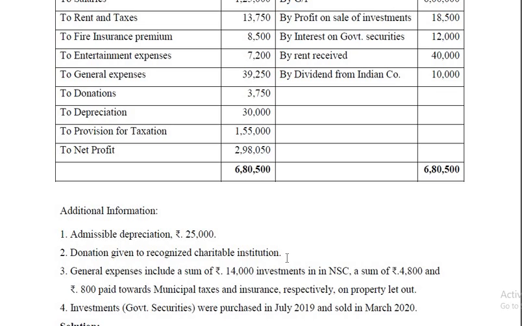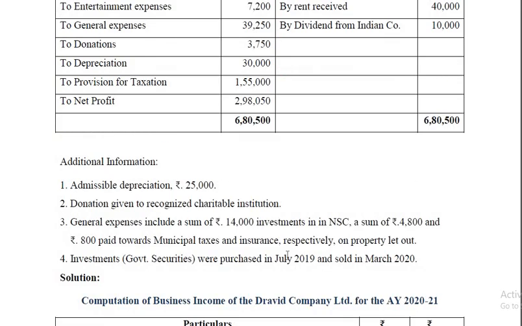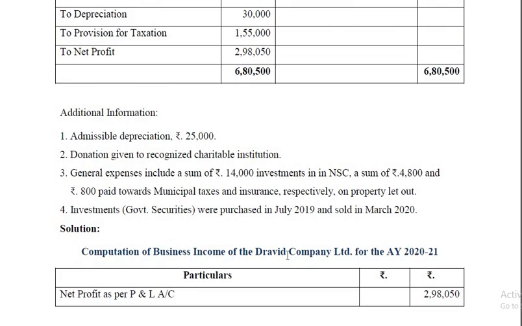Already you have learned this in detail in the first part of this semester. Further, I also explained it several times. Here, donation to recognized charitable institution falls under with limit donations and deduction available is 50%. We have understood this in the previous problem also.